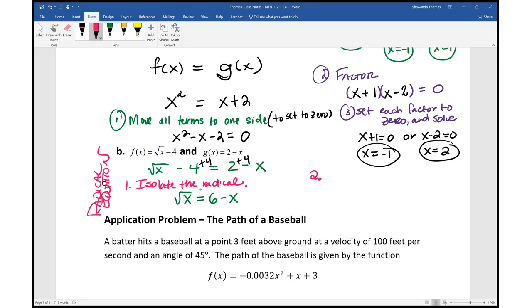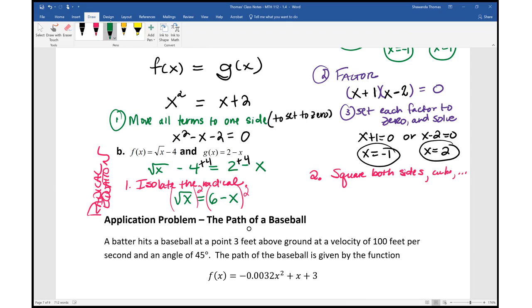This is a square root, so we're going to square both sides in this case. Now, if it was a cube root, we would cube both sides, just in case it was a cube root. Now, let's go ahead and square it here. Square that side and square that side.